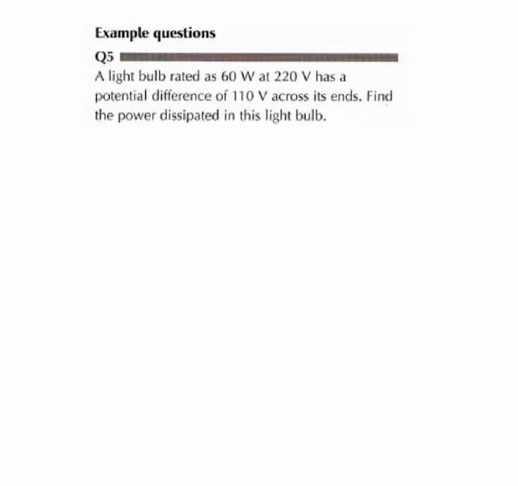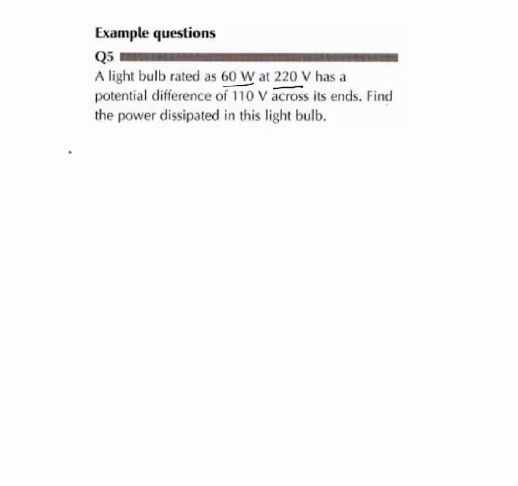A light bulb rated as 60 watts at 220 volts has a potential difference of 110 volts across its ends. So what that's saying is that, well, in general, in Australia, say, we have a voltage of around 230 volts approximately that we receive as our supply, and a light bulb rated at 60 watts would be producing that much energy per second, 60 joules per second, given a voltage of 220.